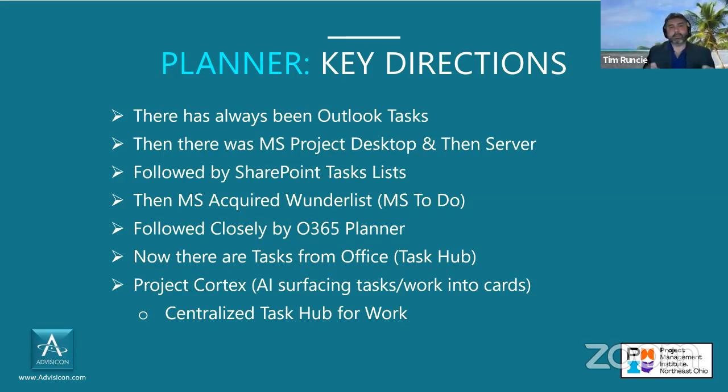So again, key directions for Office 365 Planner: in many cases, as we've been working in the types of tools that we're referencing, Outlook has always been there. You've had tasks where you can create little task lists. People certainly have used Project Desktop since 1994, 5, and 6, and the DOS versions when Microsoft first acquired it and started making it available in the Windows world. And certainly, in the early 2000s, moving into a SharePoint server-based environment.